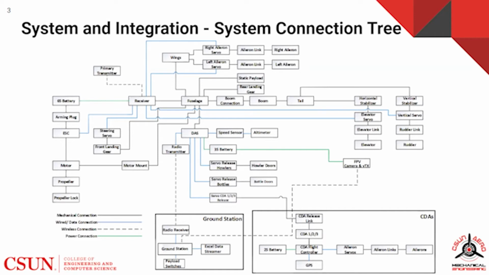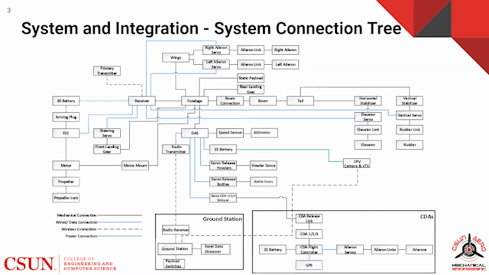In the system tree shown, each system of the aircraft is dissected into the components that comprise the system and is linked together with specific connection types based on their function. There are four major types of connections, including mechanical connections, wired data connections, wireless connections, and power connections as shown. When designing system connections, this tree was constantly referred to by the systems and integration team and all members from each sub-team.